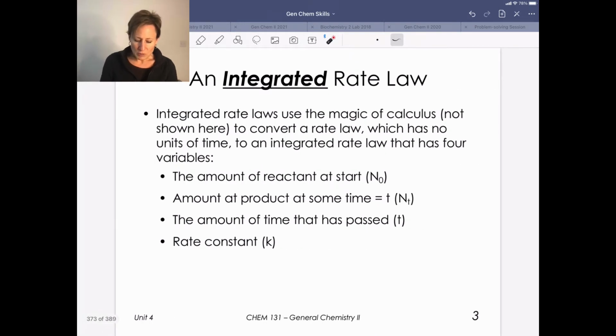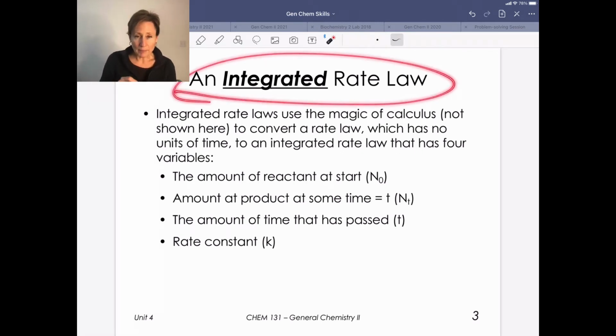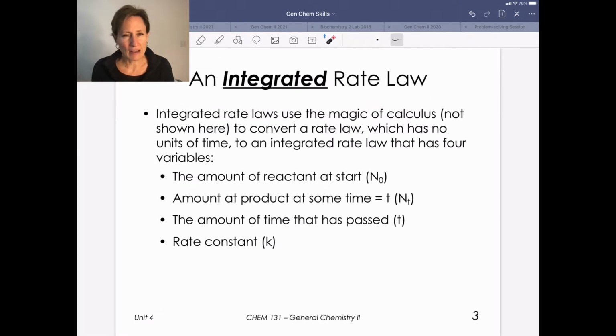So hopefully you remember that when we were doing stuff with our nuclear chemistry, we had an equation that had 4 variables, and that's sort of what we're getting at here, an integrated rate law. So the magic of calculus, and I'm not going to get into the details, but for those of you who are a little bit interested, remember we had a rate expression that said rate equals change in concentration over change in time.